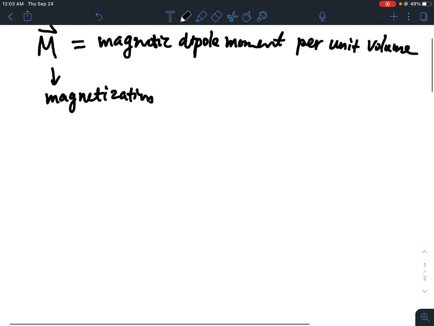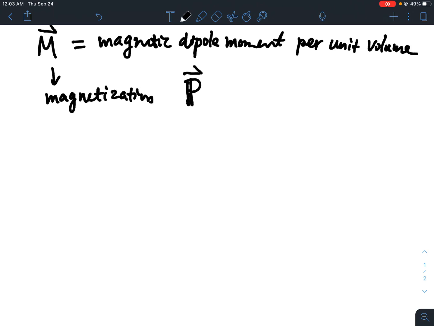You remember that this is very similar to the polarization vector that we defined before. It's the electric dipole moment per unit volume.